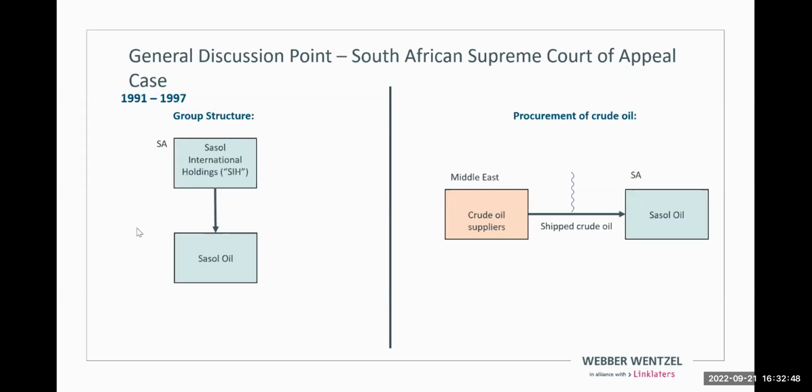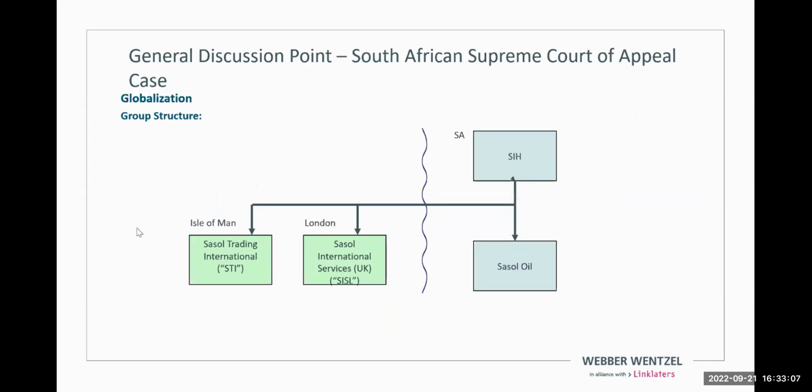So if we follow the legal structure of the entities involved over time, you can see that you begin with Sasol International Oil Holdings in South Africa and Sasol Oil. And then you have the Middle Eastern crude oil shippers who sell directly to Sasol Oil in South Africa.